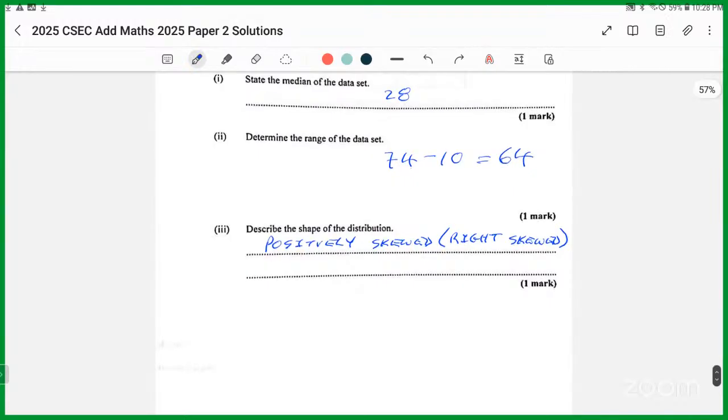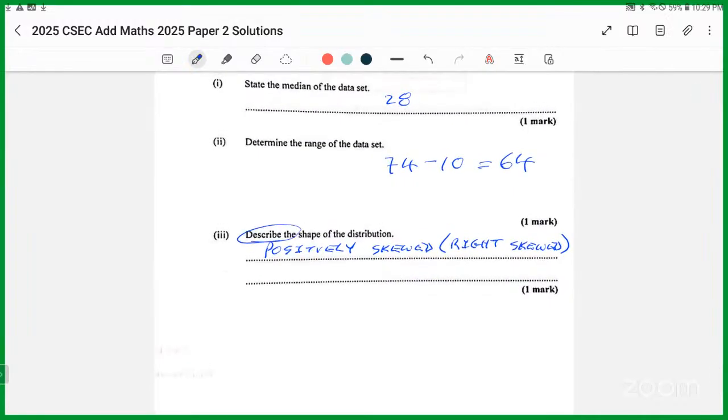All right, so let's describe it. The top half of the data is more widely spread than the bottom half.